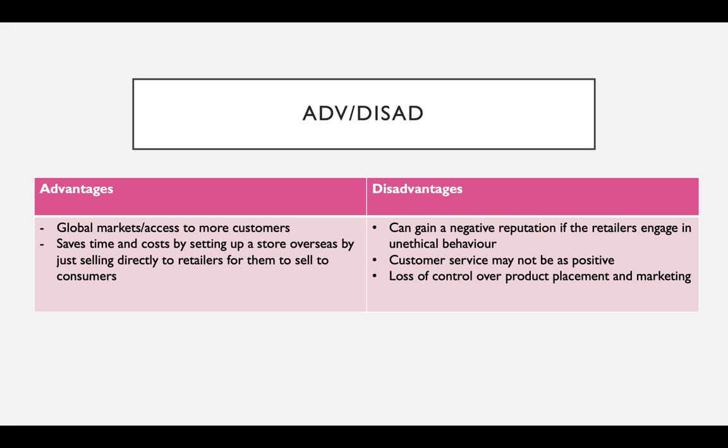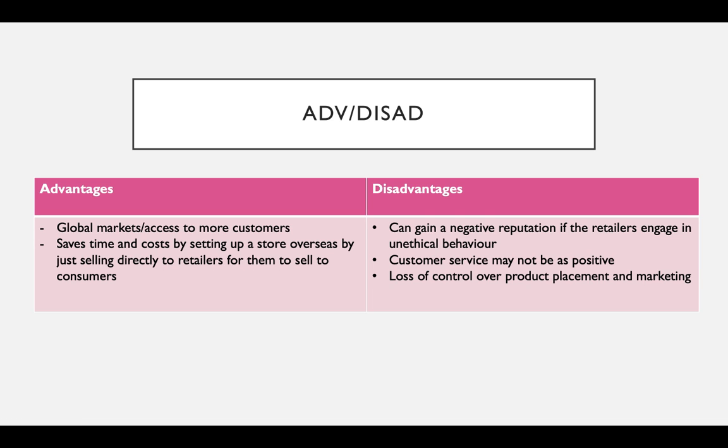You've got no access to your own employees, so the customer service can be impacted if their version of customer service isn't the same as yours. That can always cause conflicts as well. And finally, the loss of control over product placement and marketing.